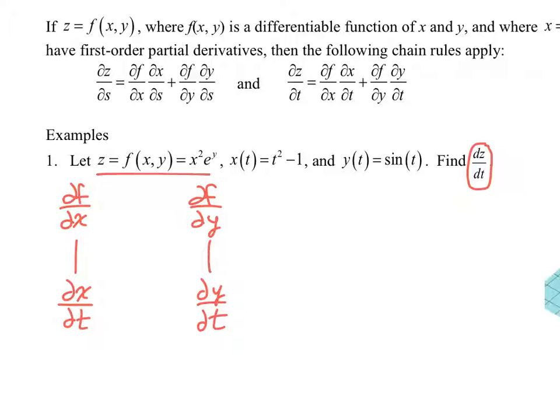Now, we are going to tackle some cases where the embedded equation could be a function of two variables itself, but these are the two different pathways that we could go in order to get to our result. So that gives me a recipe, and really that's what's detailed here. The derivative of z with respect to t is the product of each element of the pathway. So partial with respect to x, partial of x with respect to t, and then the other pathway.